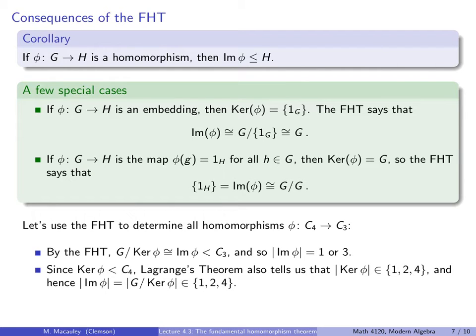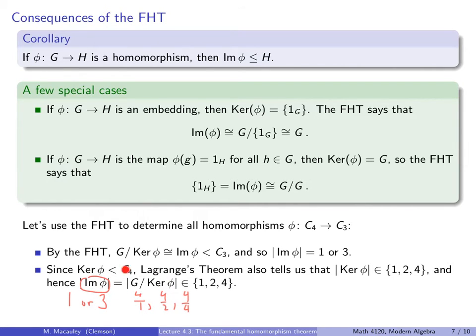Therefore, the size of the image has to be 1 or 3. But we know by the fundamental homomorphism theorem that that must be equal to the order of G mod the kernel. And what are the possibilities of that? Well, also by Lagrange's theorem, that's either 4 over 1, or 4 over 2, or 4 over 4, because the kernel can only have size 1, 2, or 4.